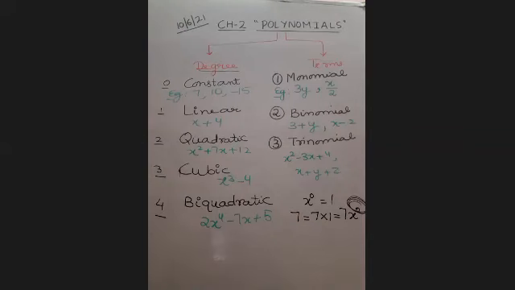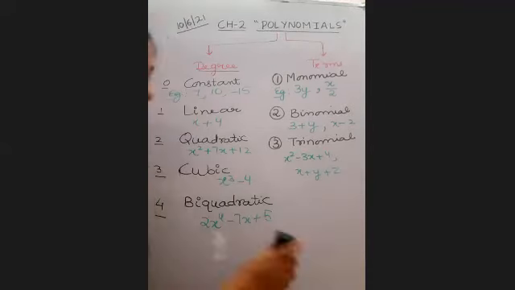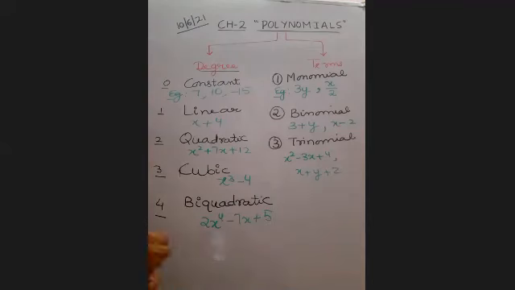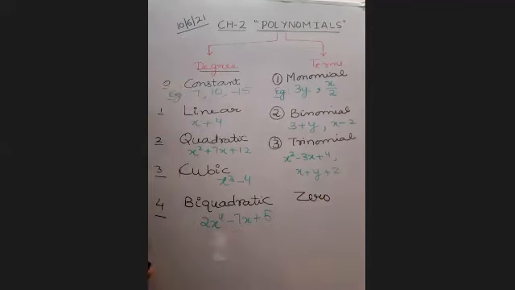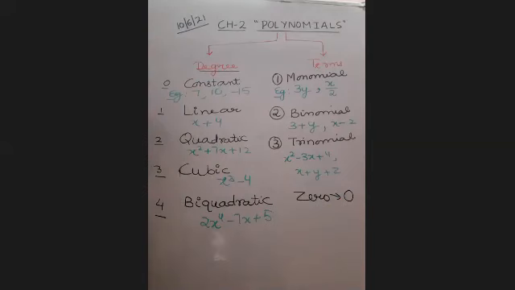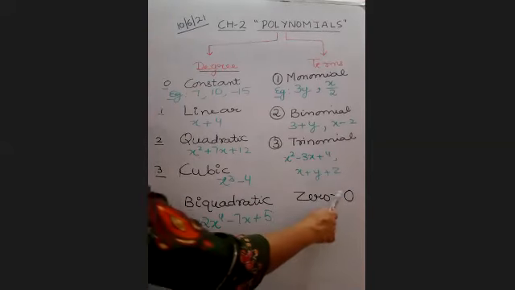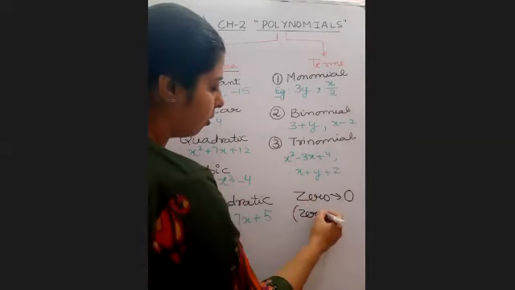Okay. Now, any number is a constant polynomial, but if I have 0, this 0, then 0 is also a number, but we do not call it a constant polynomial, we call it a zero polynomial.